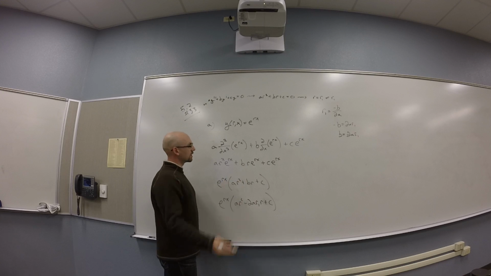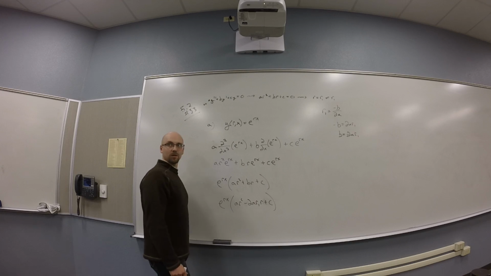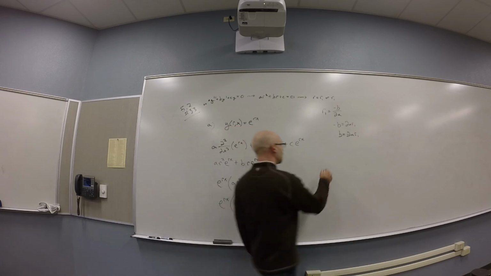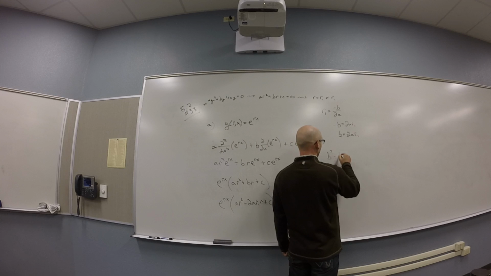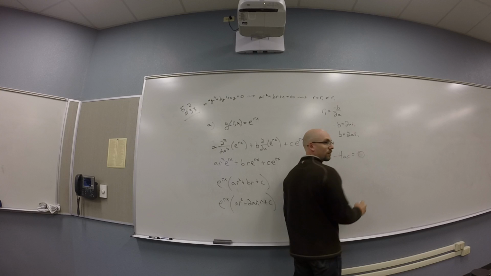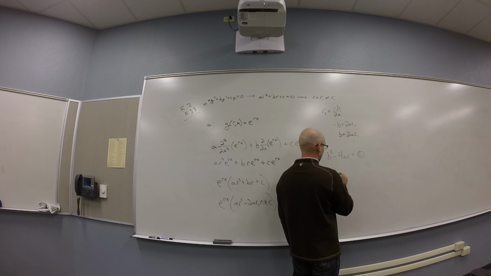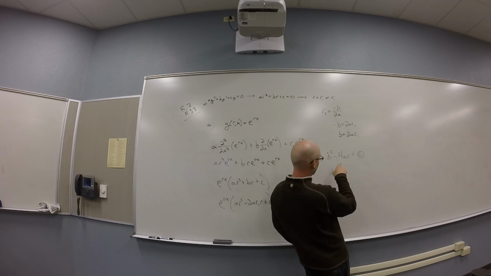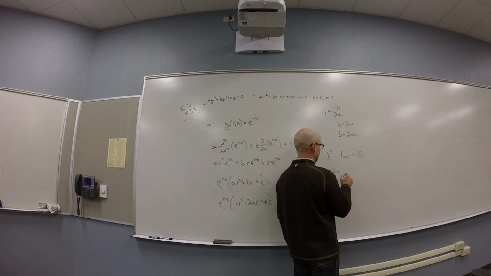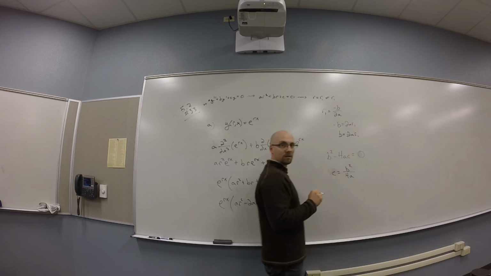So what was this thing you guys said about the thing under the square root? It's b squared minus 4ac. Oh, b squared minus 4ac is 0, right? Okay. Right, which tells you c equals b squared over 4a, right?